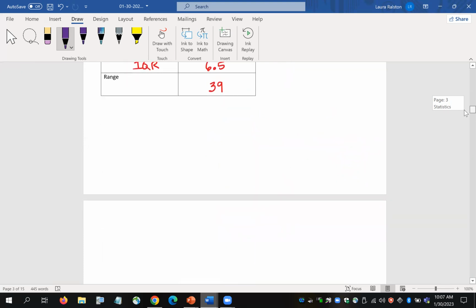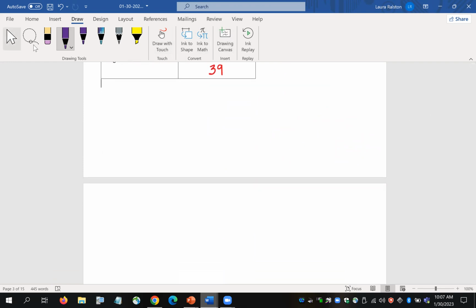So I'm going to sketch a box plot. When you do the box plot, it has to show the minimum and the maximum. Our minimum was 18. Our maximum was 57. So I could start with those values. I could start with a low of 18, and I've got to work my way up to 57. And I need to pick a scale, so maybe I'm going to count by threes.